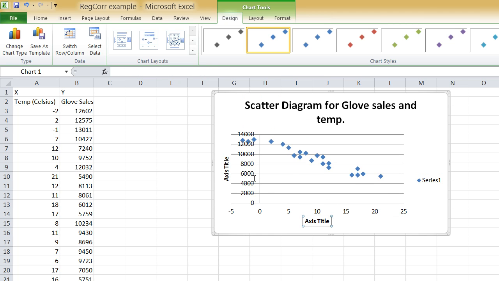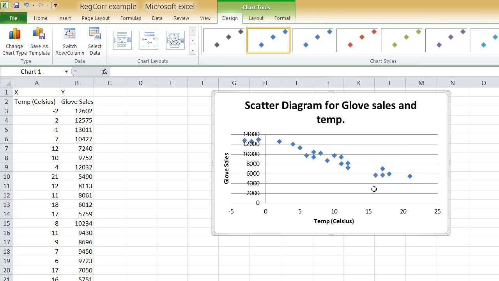Okay, so what we have along the bottom is our independent variable, and that would be the temperature in Celsius. It's trying to be clever and pick up what we've already labelled, and then on the side that is showing us the glove sales. And the last thing I do is just get rid of the legend that says series 1, because I've only got one set, so we don't really need it.